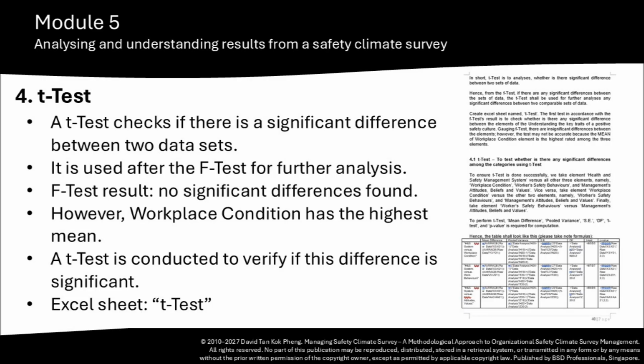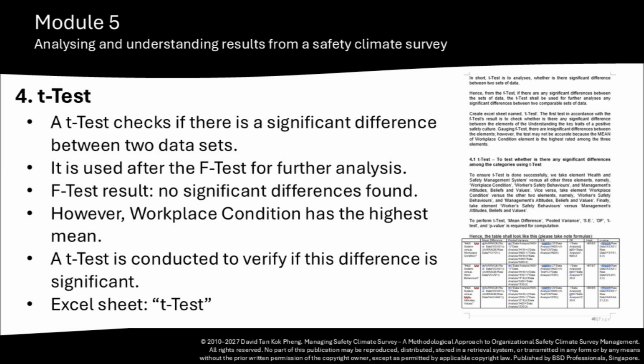Based on the F-test results, the first t-test is carried out to examine whether there is any significant difference between the elements under the construct, understanding the key traits of a positive safety culture. Although the F-test indicated that there were no significant differences between the elements, caution is still considered in interpretation.